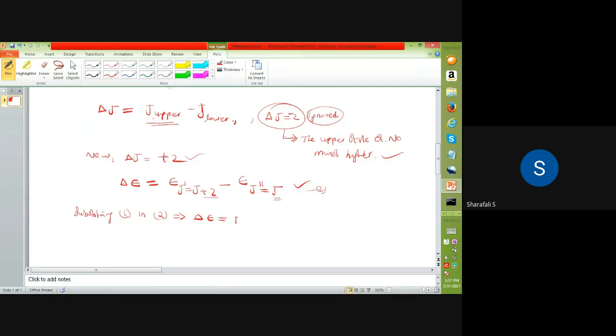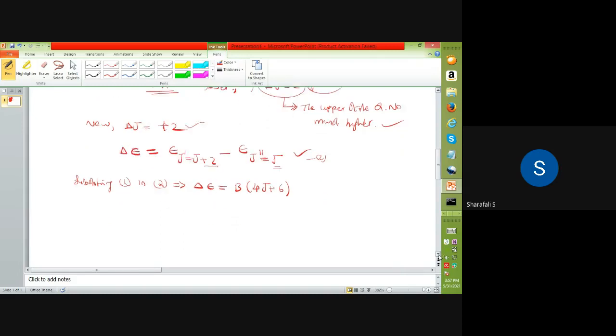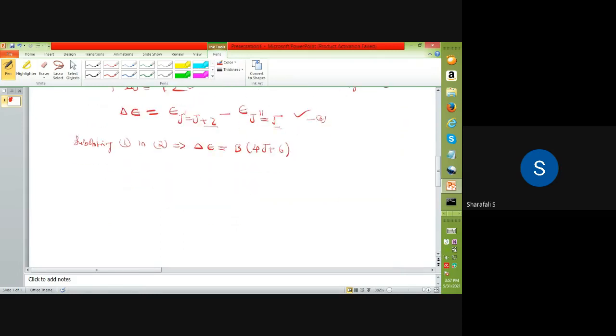4B into (3 plus 2J), that is the change in energy after substitution. I will not explain all those steps; you can do them yourself.